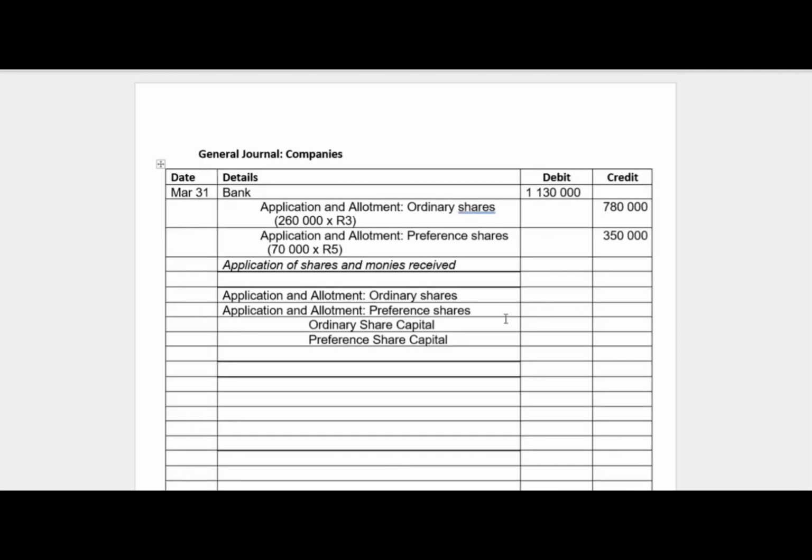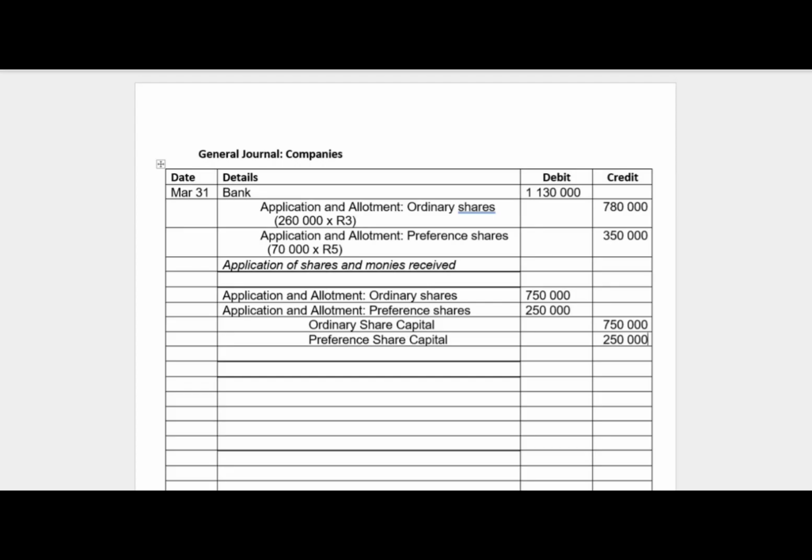So we can just go straight and say we're going to record 750,000 for ordinary, and then 250,000 for preference, and then credit 750,000 for ordinary share capital, and then 250,000 rand for preference share capital.